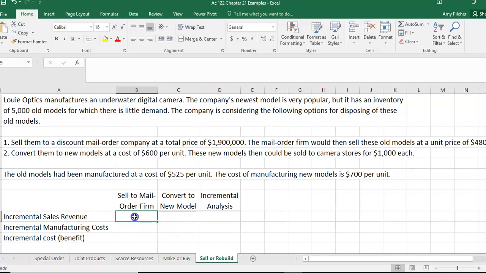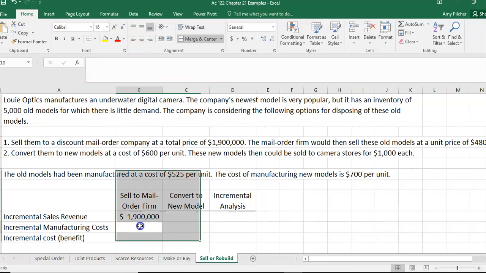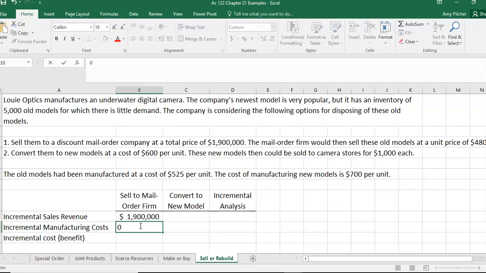If we sell to a mail order company, we make $1.9 million in sales. There are no additional costs for doing that. We would just sell them as they are. So our incremental benefit is $1.9 million.